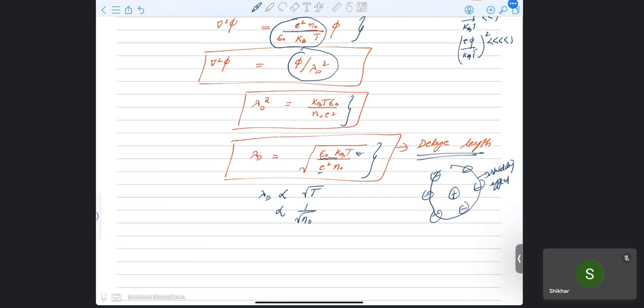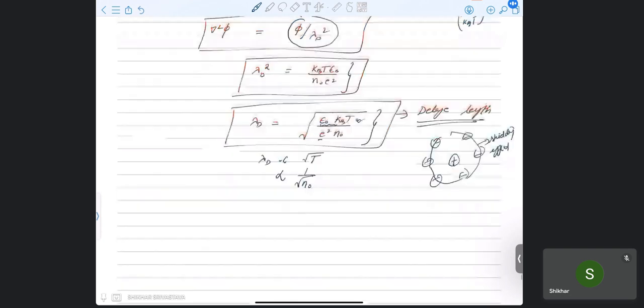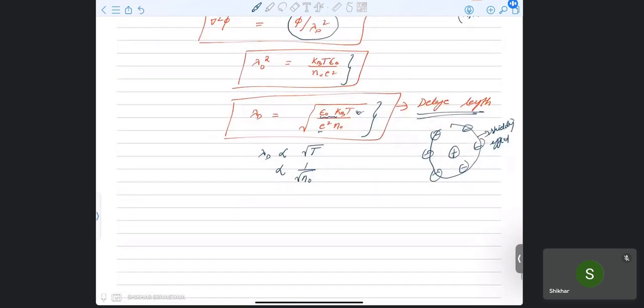These are important points regarding your Debye length. Now, how to physically understand these two properties? Suppose your plasma has a very high temperature, that means its thermal energy will be very large.